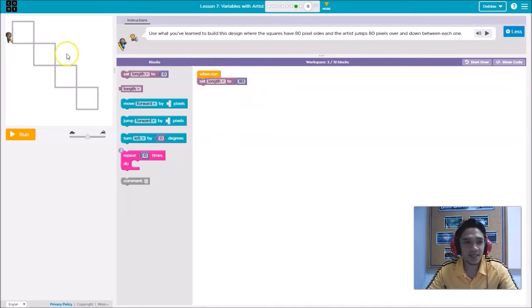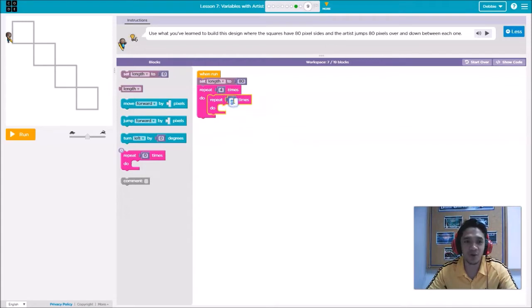After that, if you count, there are 4 squares: 1, 2, 3, 4. So we need to do the loop. Repeat how many times? 4 times. Next, add another loop inside.